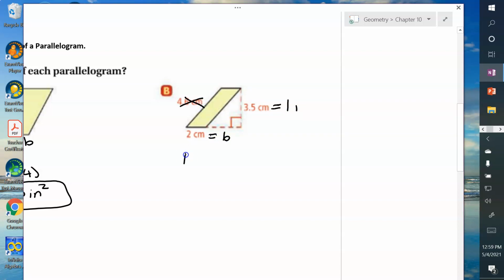So the area for this one is going to be base times height, which is going to be 2 centimeters times 3.5 centimeters. So I'm going to get 7 centimeters squared.